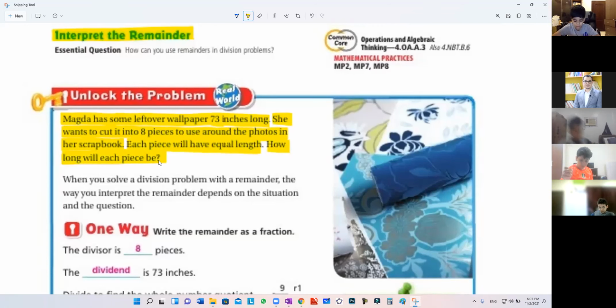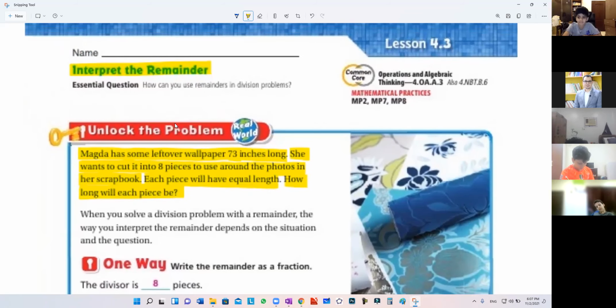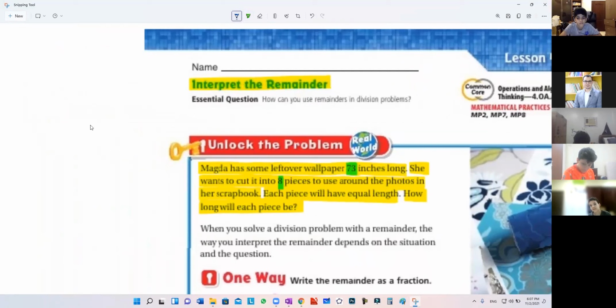Okay, that's great. So let's use division to find the whole number quotient and the divisor. Let me rewrite it here. We're going to divide 73 by 8, right?